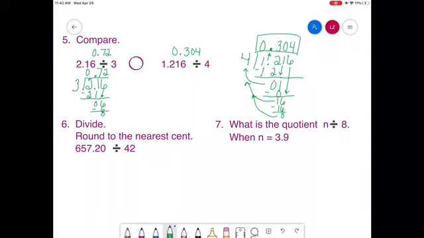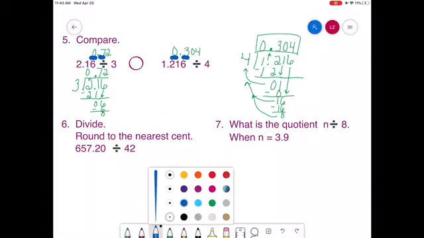Remember, when you are comparing decimals, you move from the left to the right and see which one is bigger. So we both start with the 0 in the ones place, okay? So there's nothing to really compare there, 0 and 0. Let's move over to the tenths place. We have 7 tenths here and 3 tenths here. So which one is bigger?